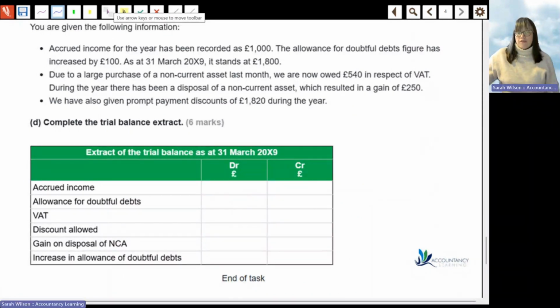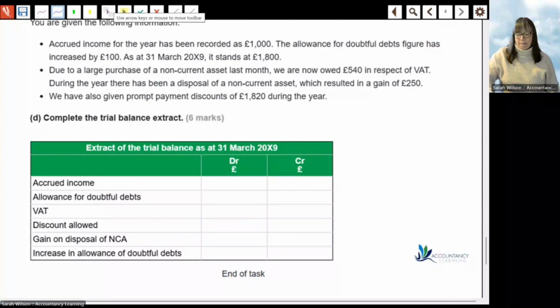Due to a large purchase of non-current asset last month, we are now owed £540 in respect of VAT. During the year, there's been a disposal of a non-current asset which resulted in a gain of £250. We've also given prompt payment discounts of 1,820 during the year. So we now need to complete the extract of the trial balance.